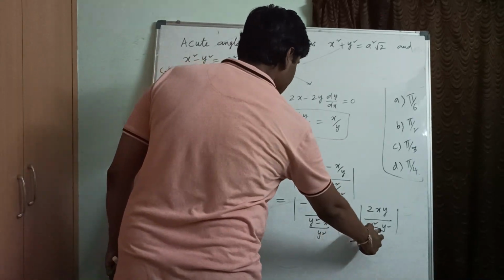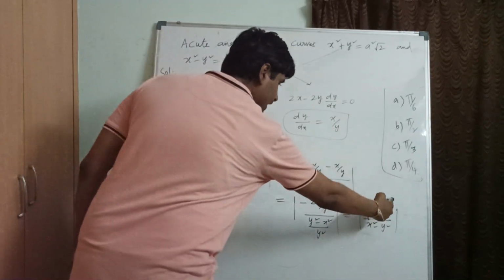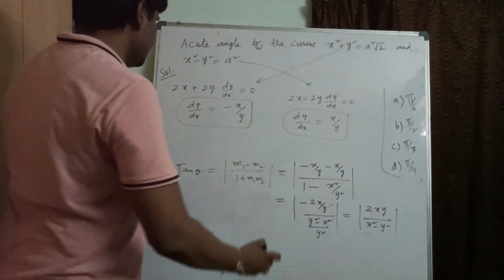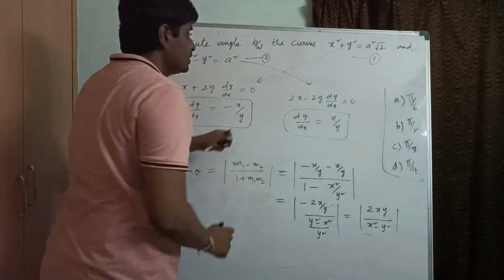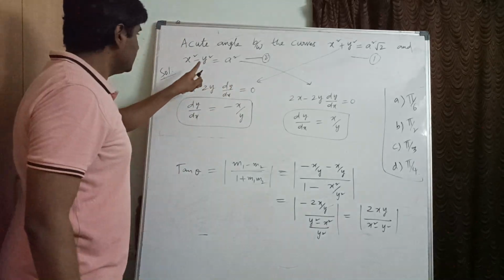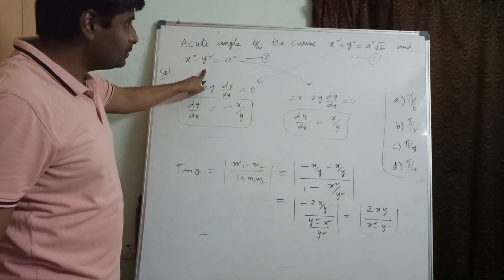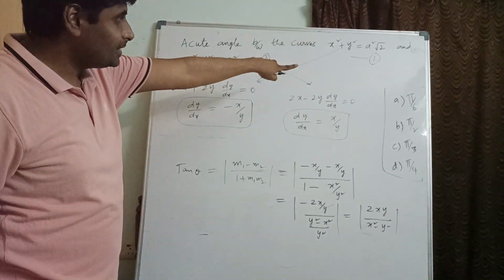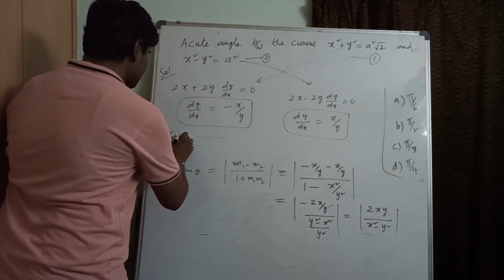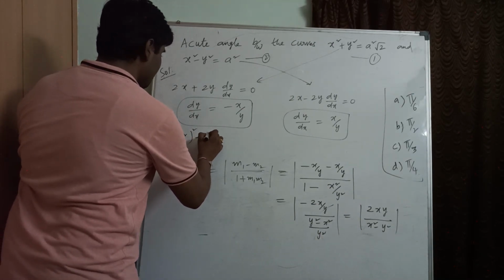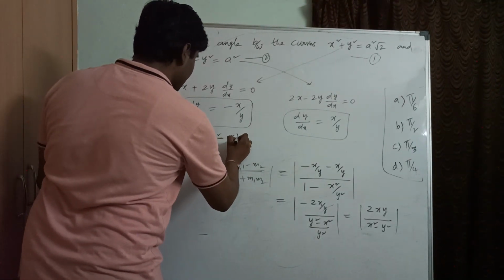Now what is x square minus y square? A square, I can use that. What about 2xy? That 2xy I can get by taking squaring and adding. This is like a plus b value and this is a minus b value, correct? So let us go for squaring and adding. What do we get? X square plus y square whole square minus x square minus y square whole square.